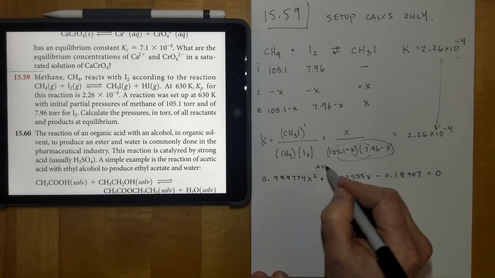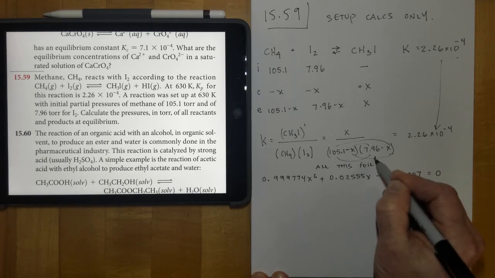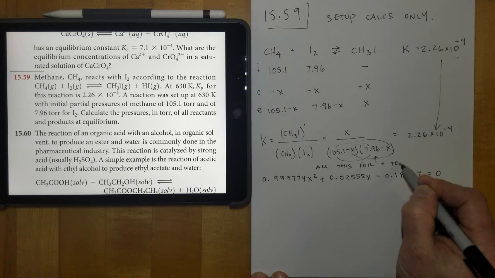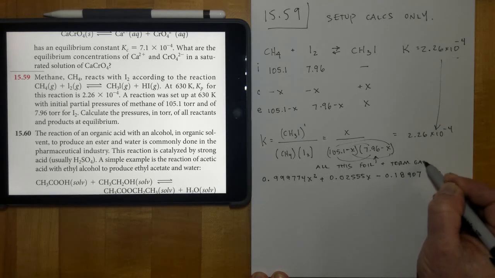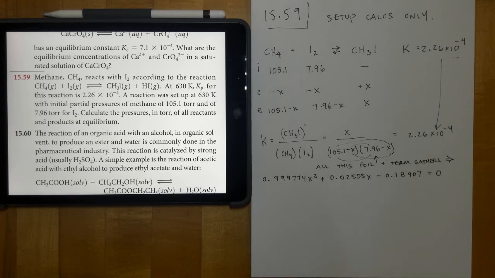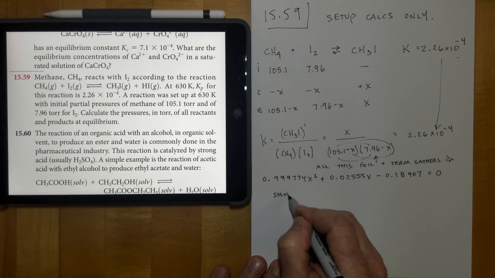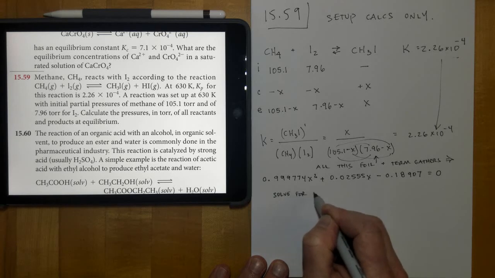So all this FOIL and term gathering equal this. Now on a testing situation, you just have to be able to do this and then write, I would now solve for X.